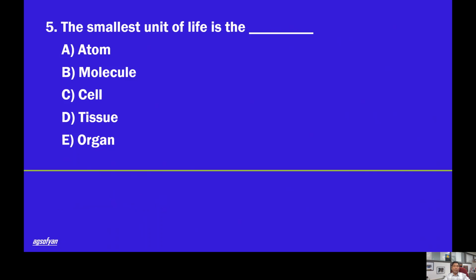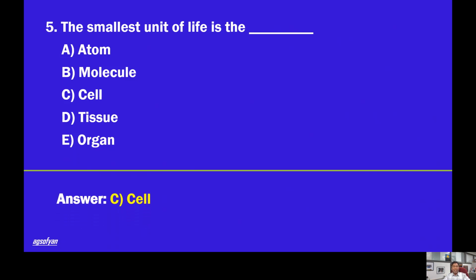Number 5. The smallest unit of life is the A. Atom, B. Molecules, C. Cells, D. Tissue, E. Organs. Choose your answer. Yes, the answer should be cell.